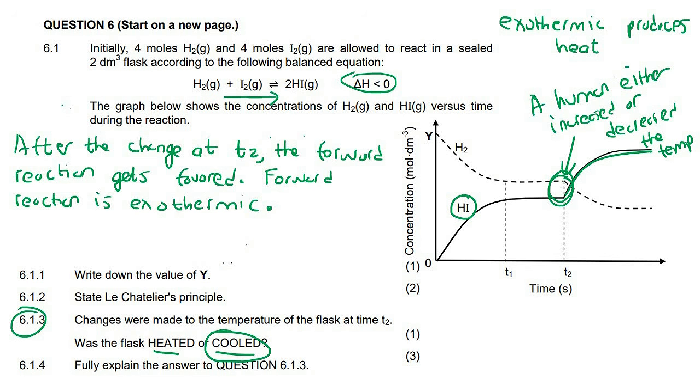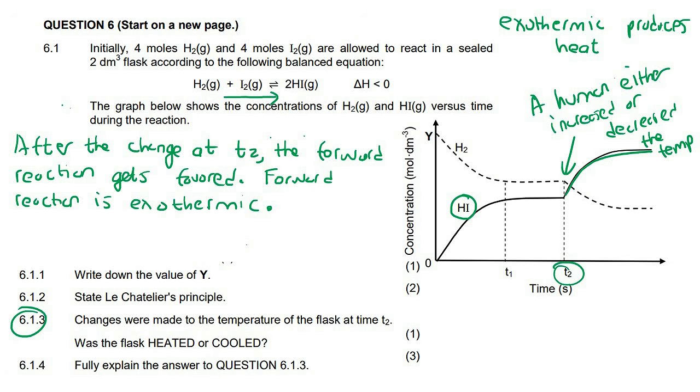So the human being cools the flask down over here at T2. Then the system does not like that, so it tries to produce heat by favoring the exothermic reaction, because exothermic reactions produce heat. I hope that makes sense.